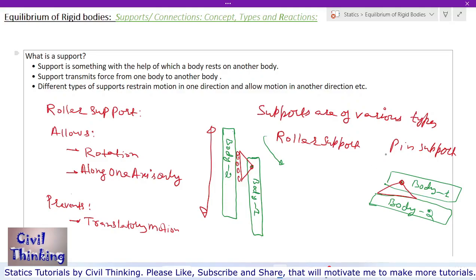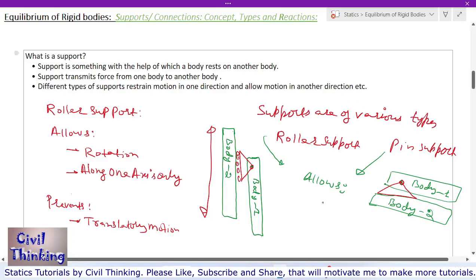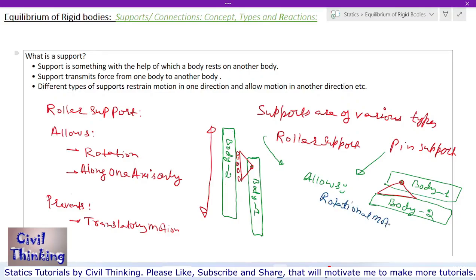So when I talk about pin, it allows what? It allows rotation, rotational motion only. What does it prevent?